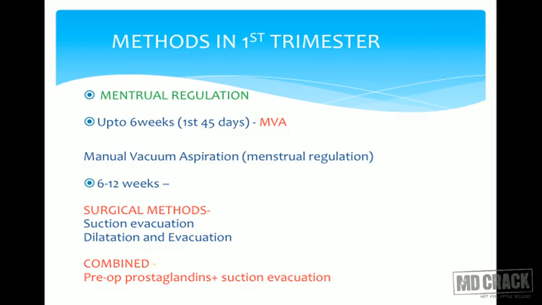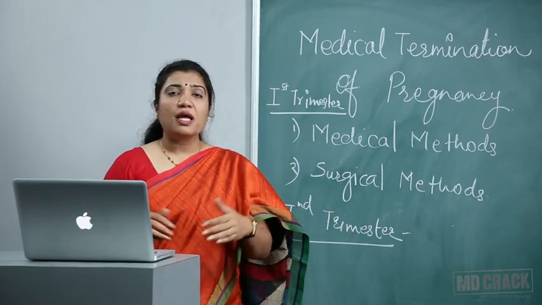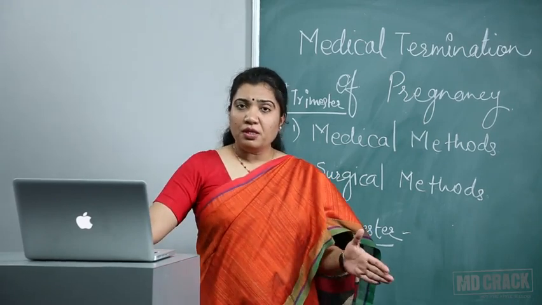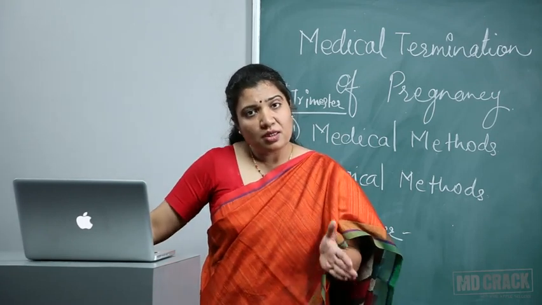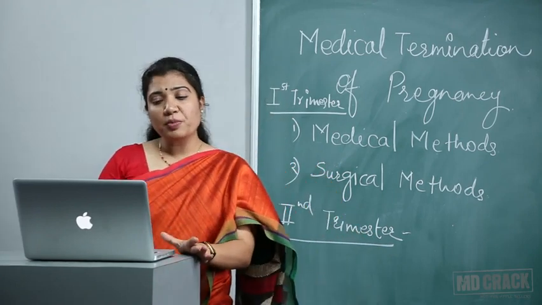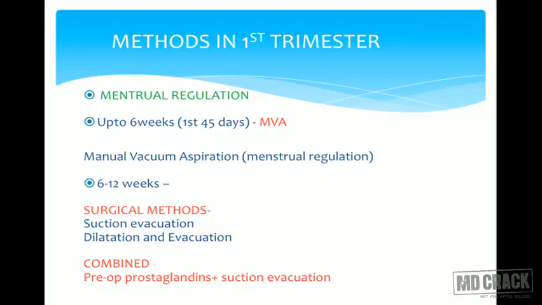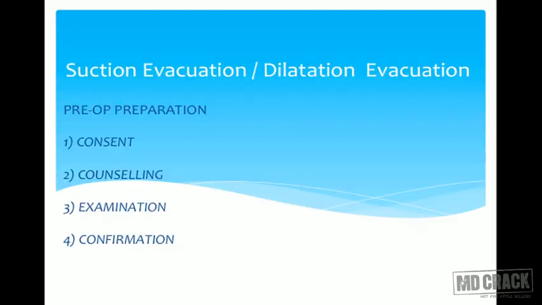Once you counsel her about contraceptive use, she will accept contraception, and then you can have MTP along with either copper T insertion, or MTP with a permanent method of sterilization, that is tubectomy. We will see this method in detail: suction evacuation and dilatation and evacuation. Sometimes, to ripen the cervix, we can use some prostaglandins and then go for suction evacuation.